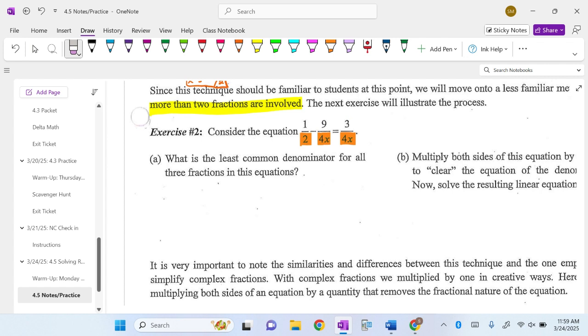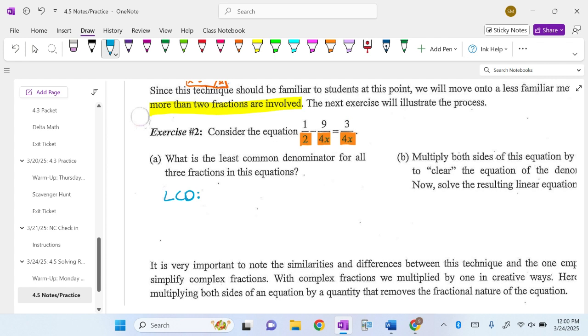Least common denominator, all right? That means that if I had a number, it would be easily divisible by 2 and 4x. In other words, it's a number that can be divided by your denominators evenly. And you want the smallest version of it because there are obviously multiple numbers where that would work. So we call that LCD.